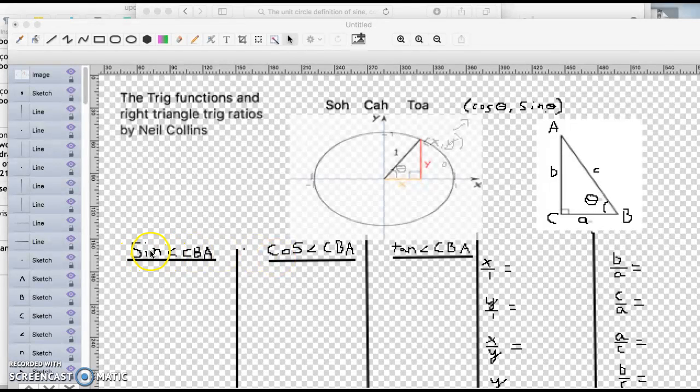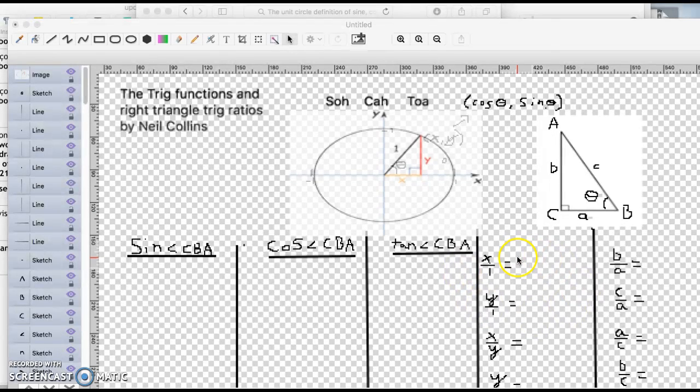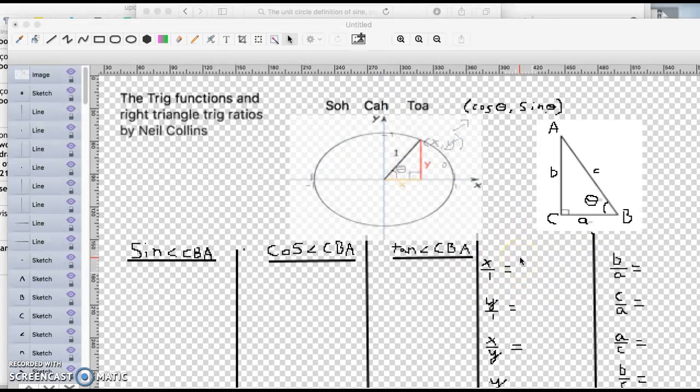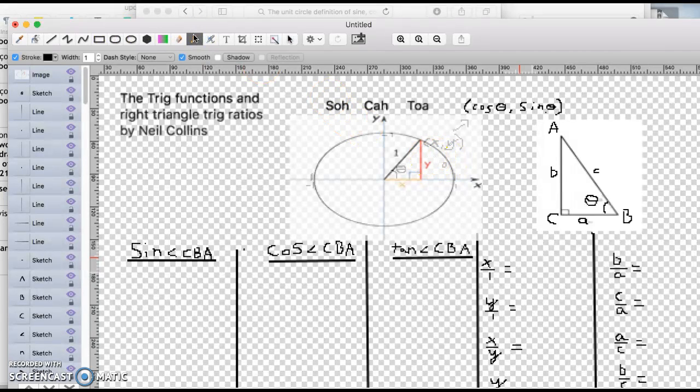So we have right here sine CBA. We are trying to find the sine of this angle and which expressions would represent that. Okay, so to get started, we are going to start off by labeling the x adjacent, and then the y is the opposite.